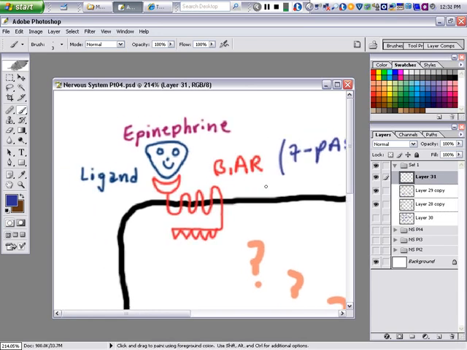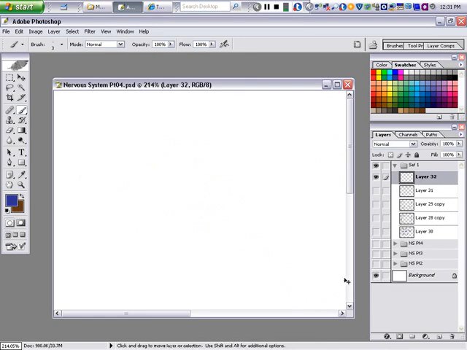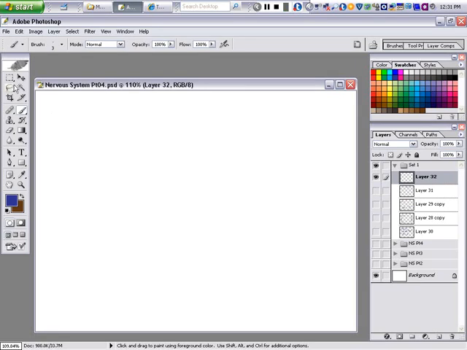Now, if something binds to a protein and it causes a physiological response, that protein is referred to as a receptor. I'm going to make a distinction here so you'll understand. It's important that you understand this one.